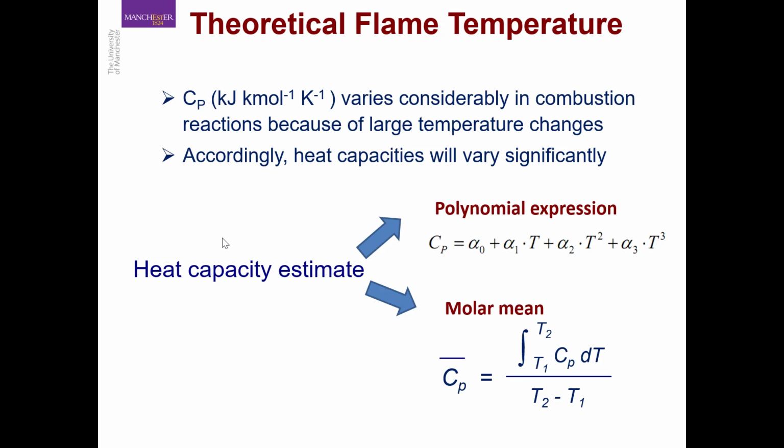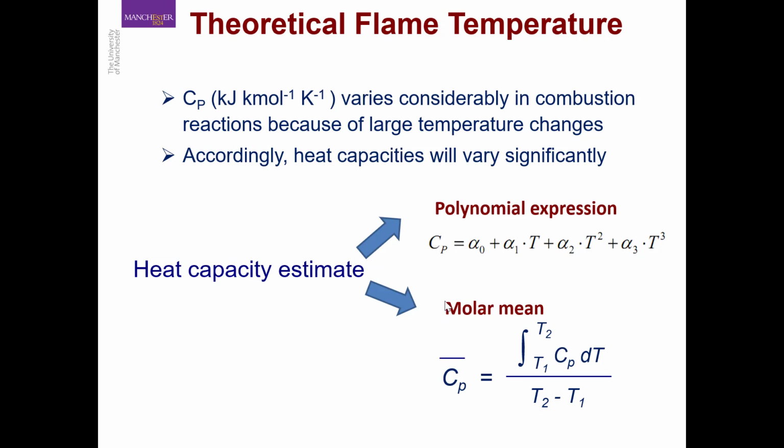Okay, so there are 2 ways we can do that. We can estimate the Cp value using a polynomial expression that is given here, where Cp is a function of temperature with some constants alpha 0, alpha 1, alpha 2, alpha 3, and the values of these alphas you can get, for example, from Perry's Handbook, or from some software. You can calculate the effect of temperature on the Cp.